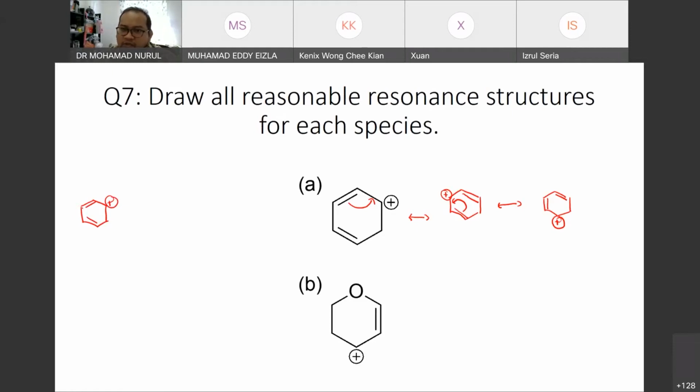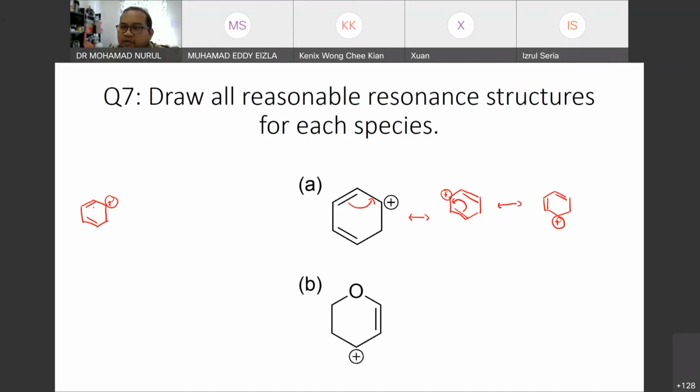So tell me, which one needs to move to force this positive charge to move also? When you try to move the sigma bond, it is almost impossible because the sigma bond is a strong bond. As I said before, there are only 2 things that you can move, the charge and the pi bond.